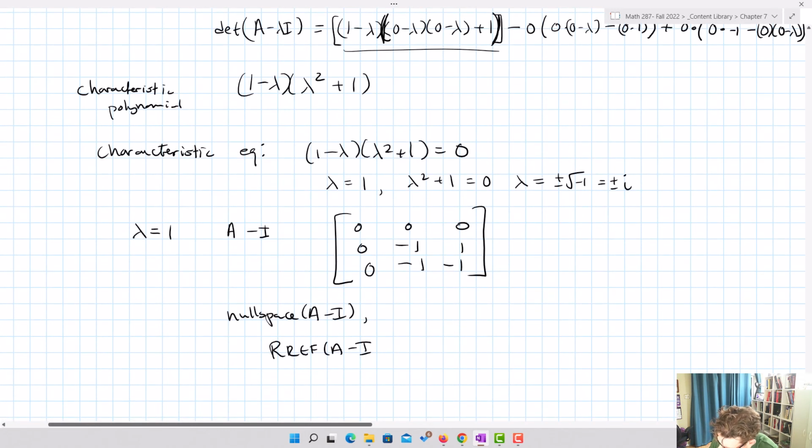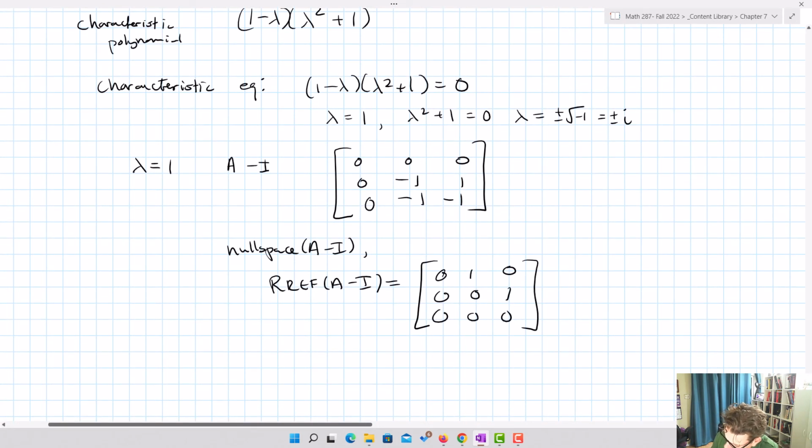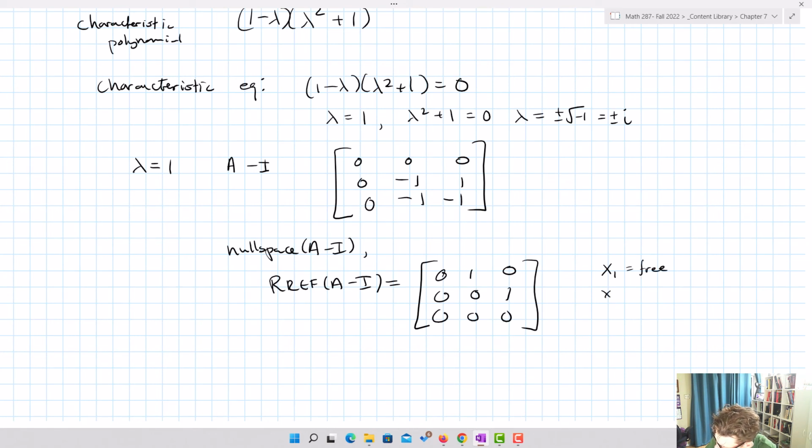And what we end up getting here is 0, 1, 0, 0, 0, 1, 0, 0, 0. So consequently, what we get is x1 is free, x2 equals 0, and x3 equals 0.